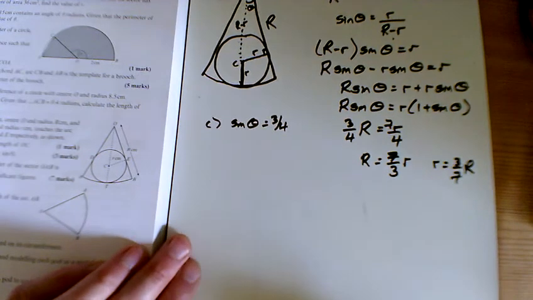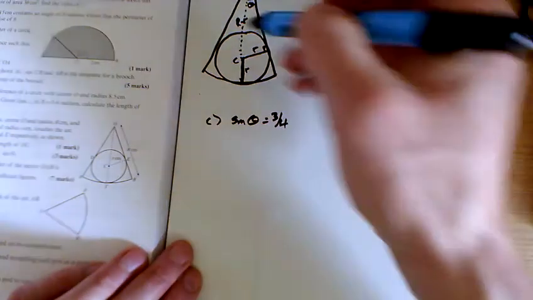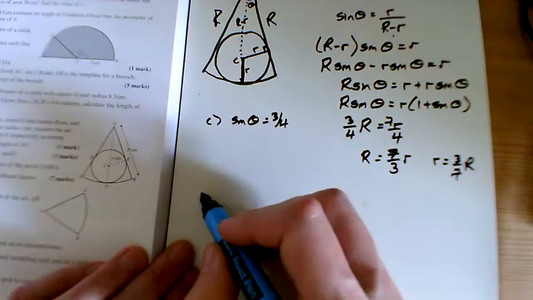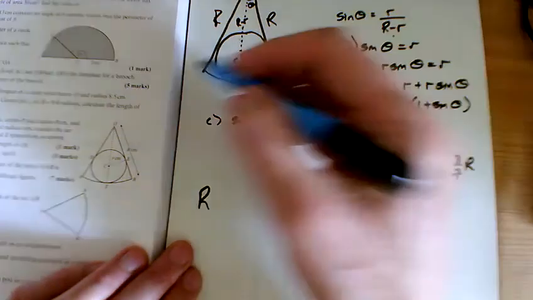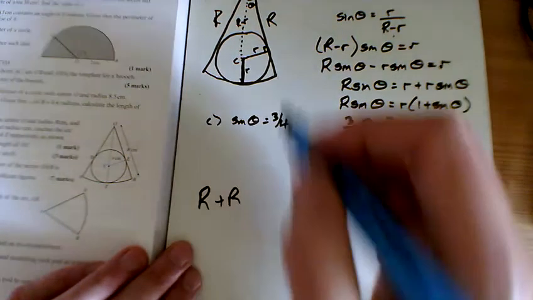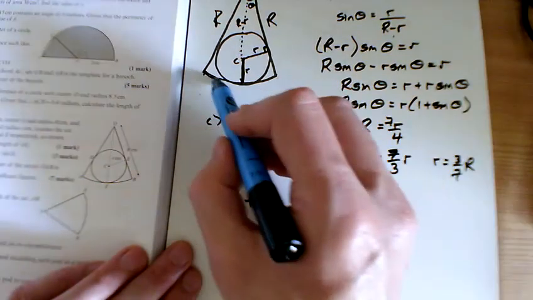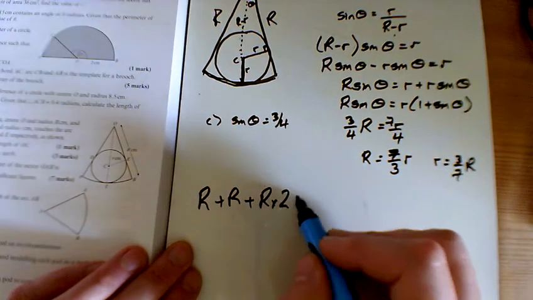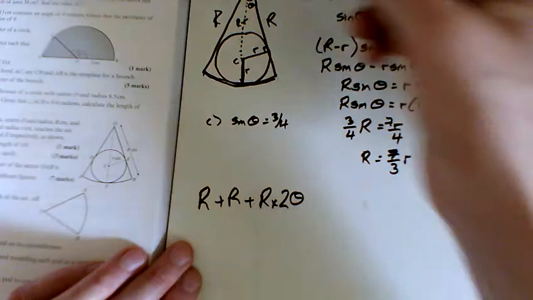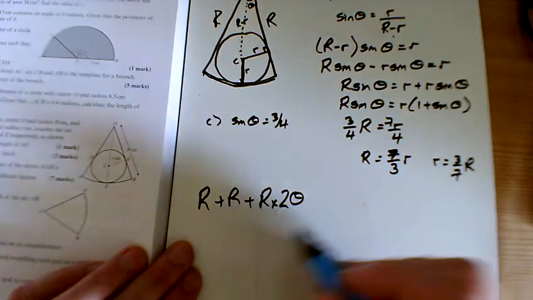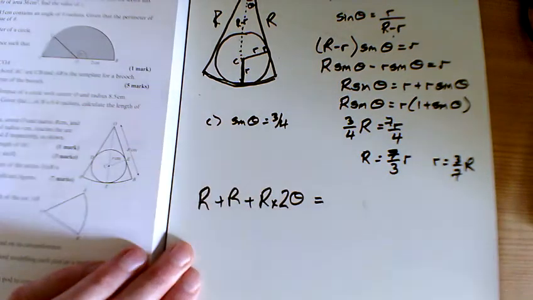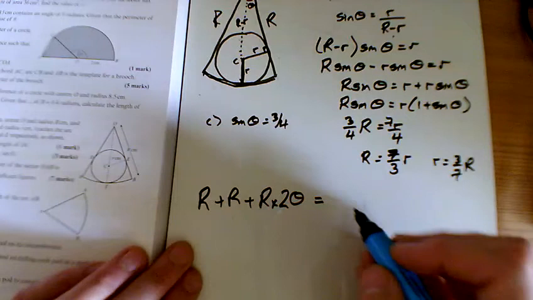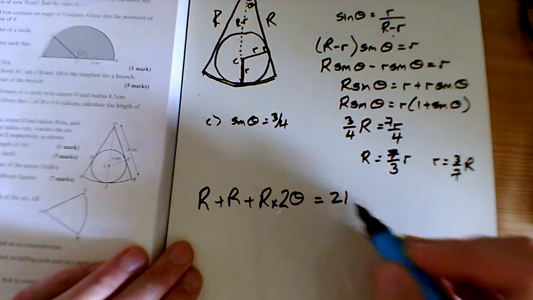And the other thing we've been told is the perimeter of the whole thing. So the perimeter of the whole thing would be R down the first side, R down the second side, and this curved distance here would be R times by theta, which, remember, that whole angle was 2 theta. And we've been told that whole thing is equal to 21.